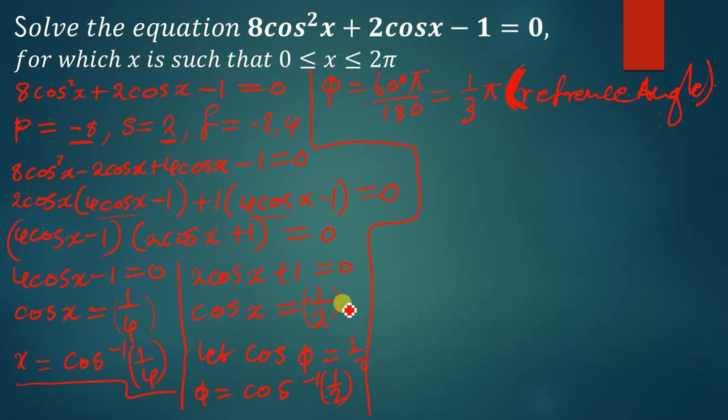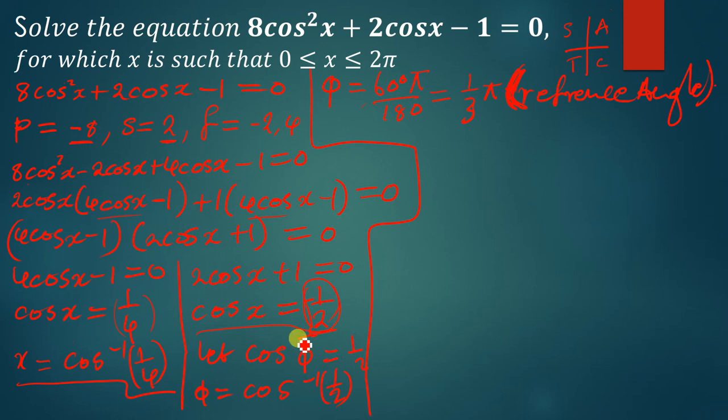When you look at our cos here, initially it was negative. This was negative half, meaning we need the quadrants where cos is negative. In the first quadrant, all trig ratios are positive. In the second quadrant, only sine is positive. In the third quadrant, only tan is positive, and in the fourth quadrant, only cos is positive.